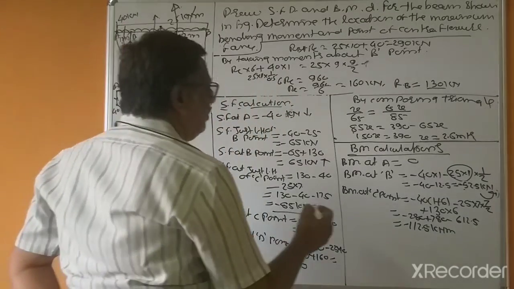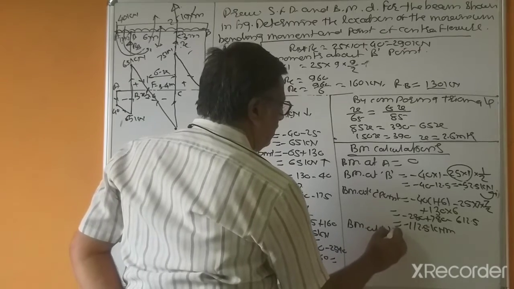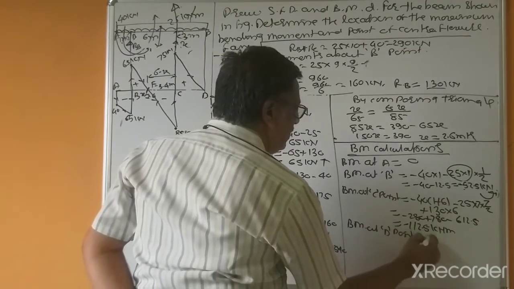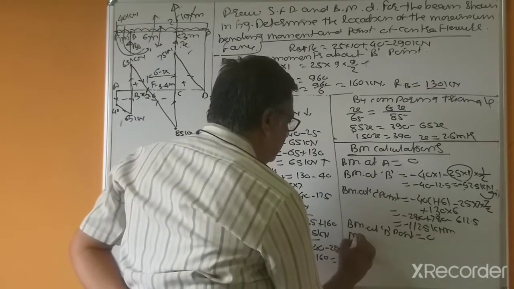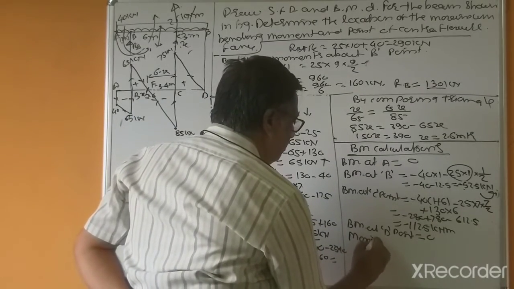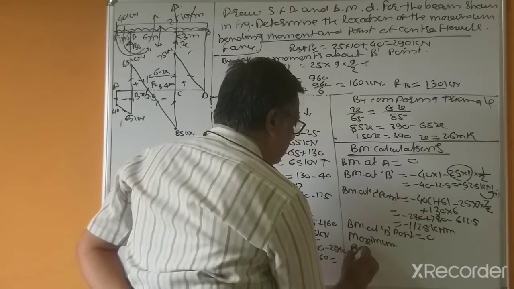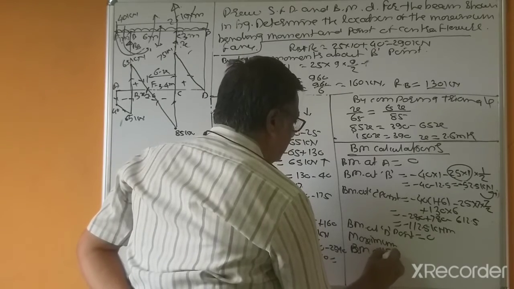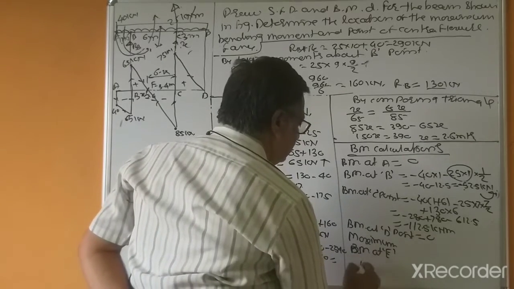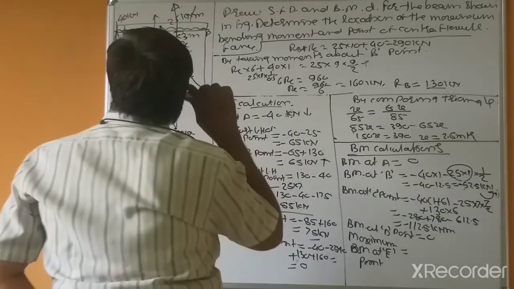Right. Now bending moment at D point, this is the end point, so it is 0. And the maximum bending moment is at E point. So the distance equals 2.6.